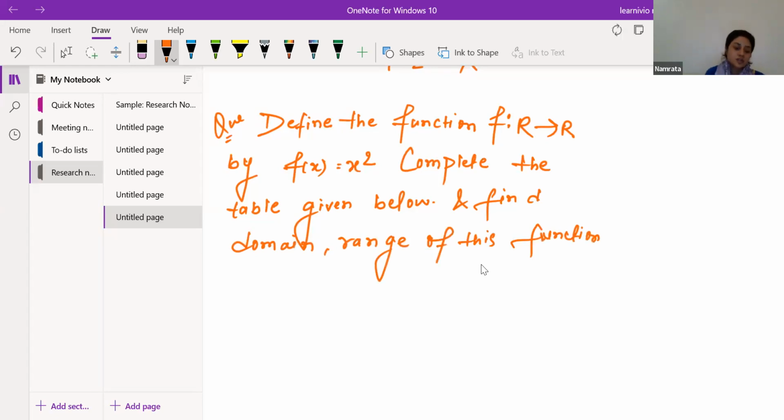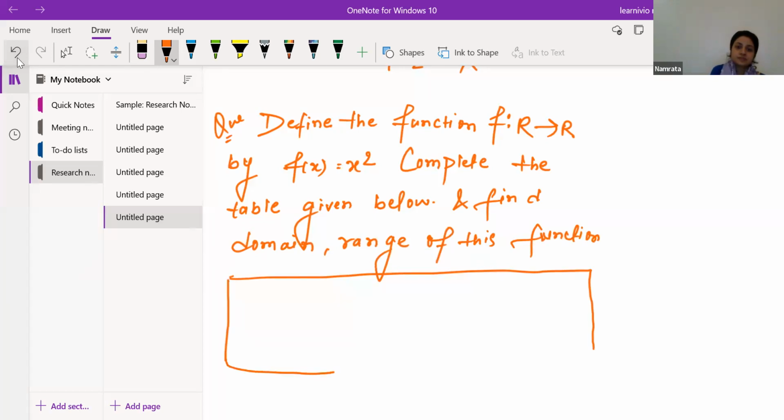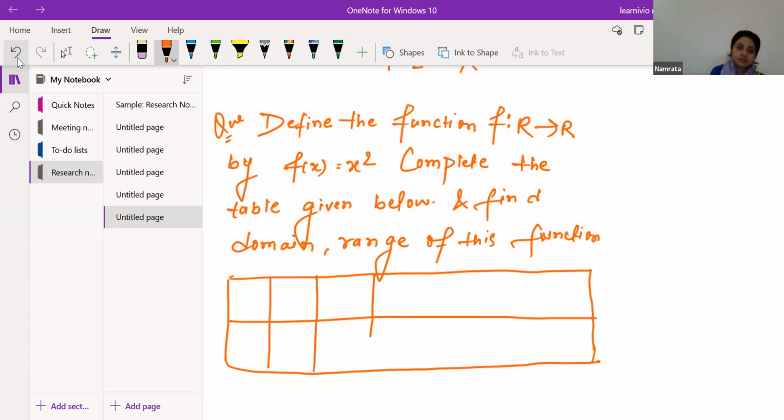Here the function is y is equal to f of x. The function I already have written, that is x square. And let me draw the table. Here we have x, here we have y.